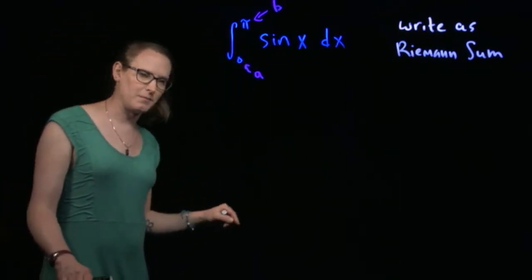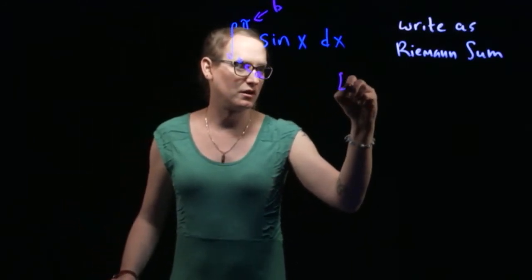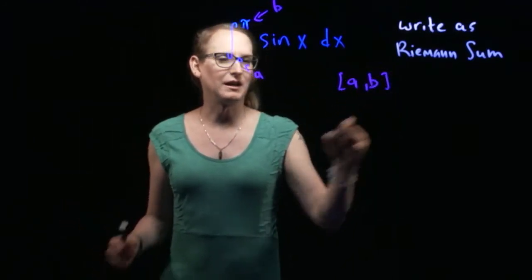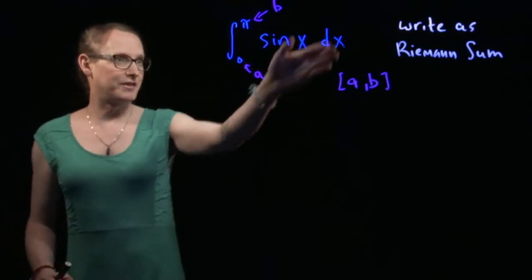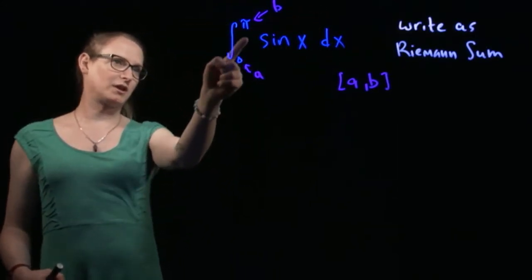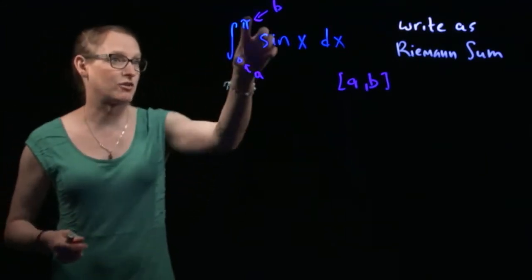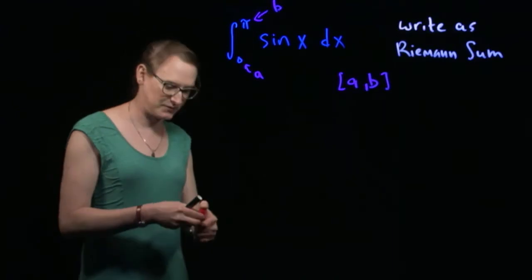That's how we narrate it. The interval A, B is depicted in this symbology with A as the lower limit and B as the upper limit. Those are the bounds of integration, left and right.